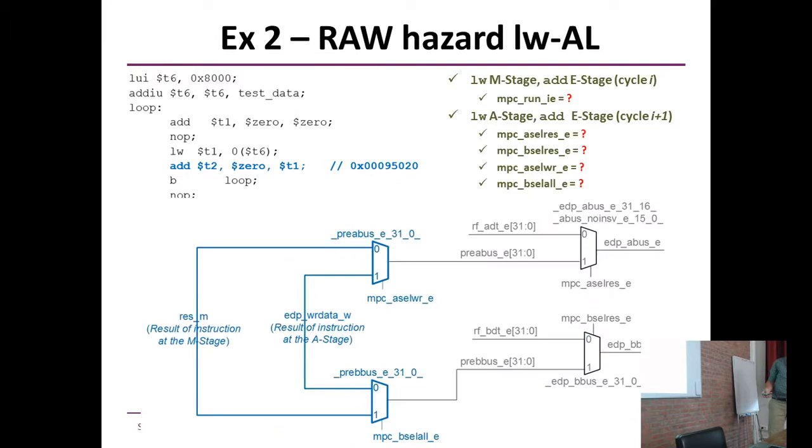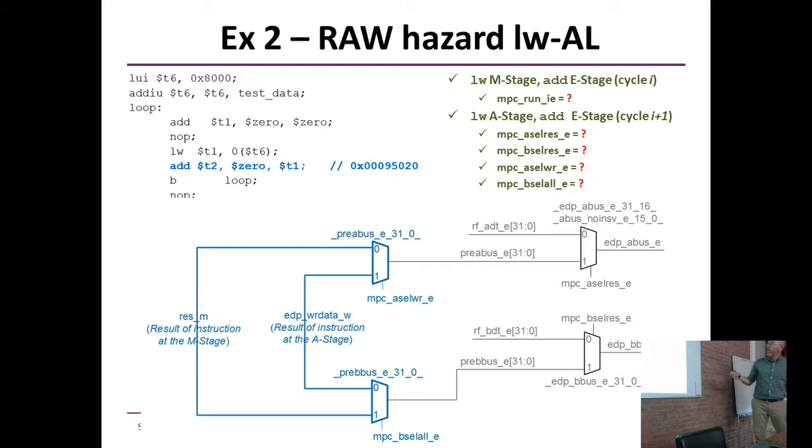But now, the load instruction, when it's at the M stage, is reading the data cache. At the same time, we want to use this register for adding with 0 in this case. But that's not possible, so we have to wait till the next cycle. We have to introduce a stall between these two instructions, right?